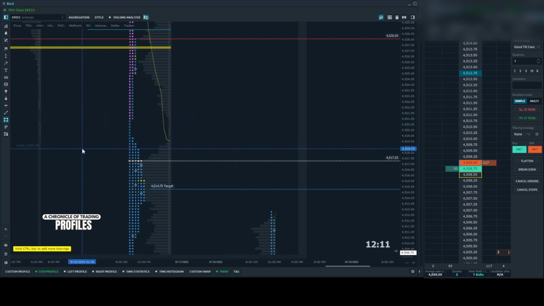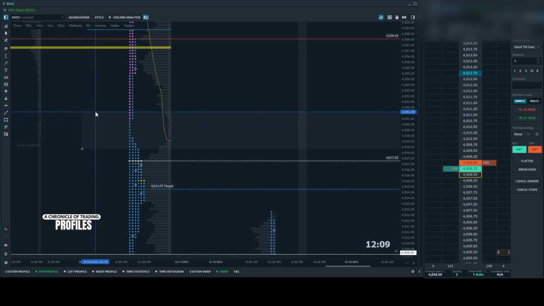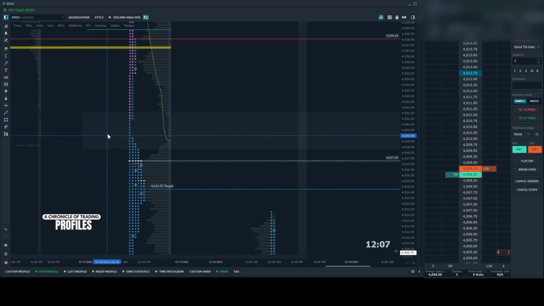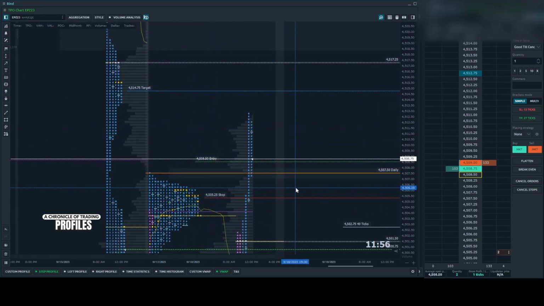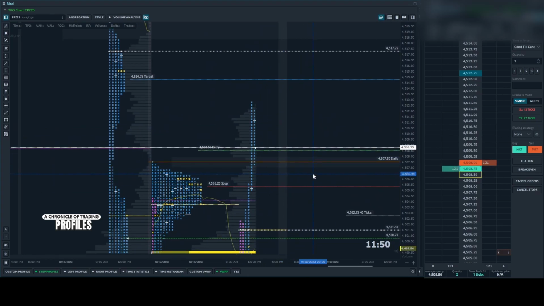And you can see this cutout in the volume profile here. So we'd have to get through this. But obviously the first step is to get some interest in taking it higher.